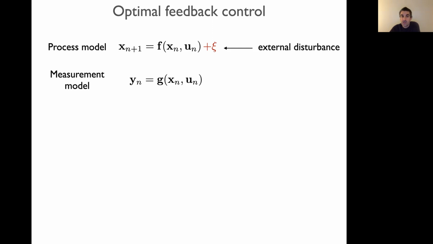Another way to include uncertainty is to look at the measurement model. The measurement model, right, is basically what you have when you design a Kalman filter. You always have a process model and measurement model. The measurement model basically tells you how the sensors that you have, so what you measure in your system, is a function of your states and your control, right? And usually you add noise here. So what is this noise meaning? This uncertainty that I have here is, for example, Gaussian noise, right?